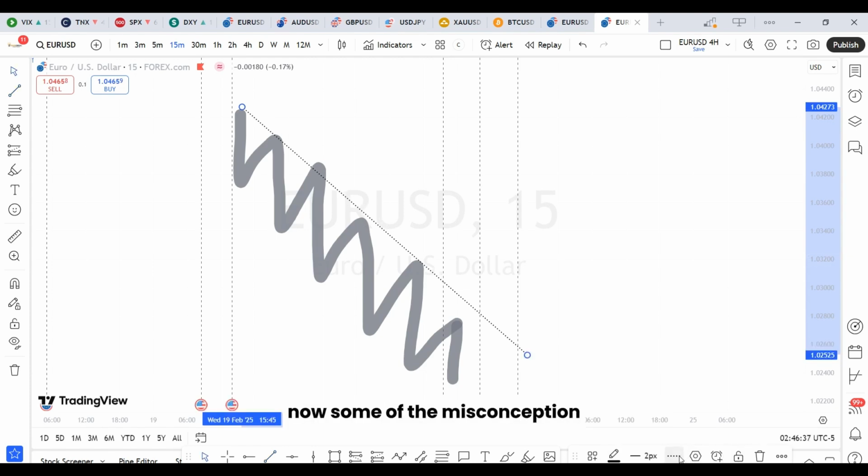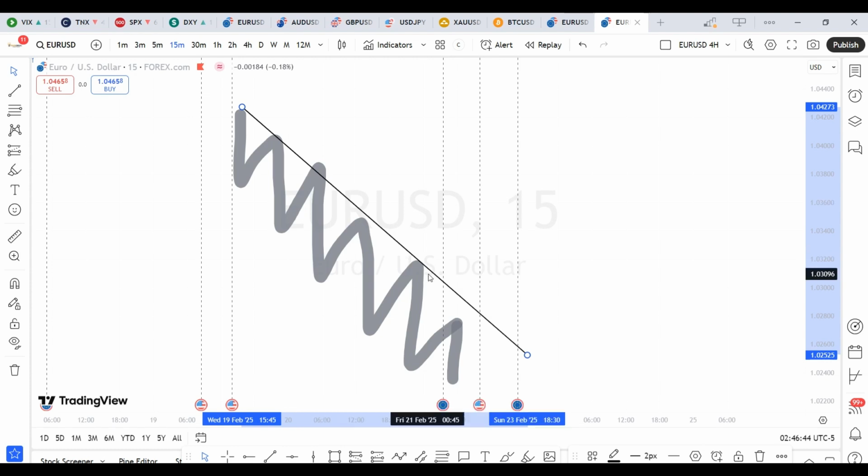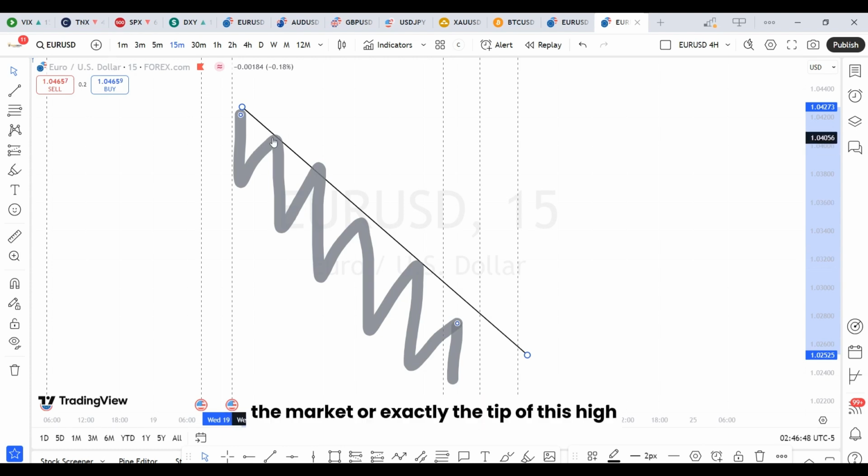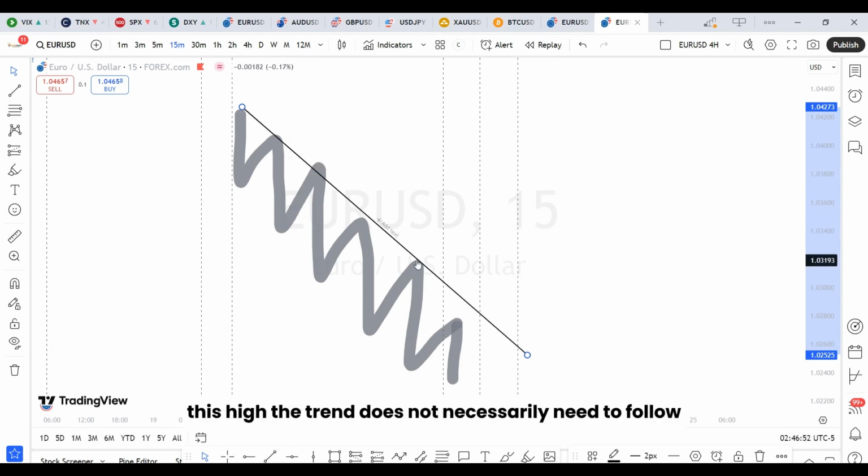Some of the misconception that people have is that the trend line must follow exactly the tip of the market, or exactly the tip of this high, this high, this high. The trend line does not necessarily need to follow the tip.